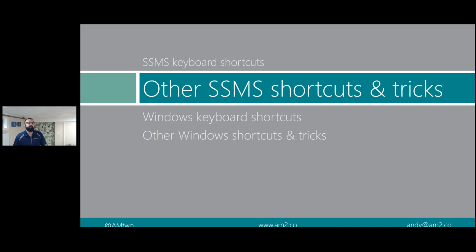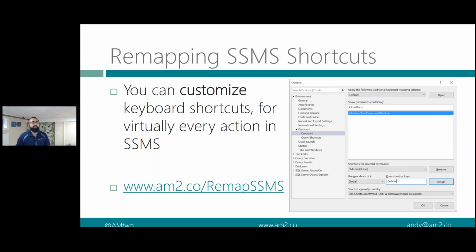So what about some other Management Studio tricks? You can customize keyboard shortcuts for virtually every action in Management Studio. So if you find that you're constantly going to a toolbar to hit a button or a menu to select something from a drop-down, you can actually set up a keyboard shortcut for that. In my case, I'm used to using Control-W to close tabs in my web browser.